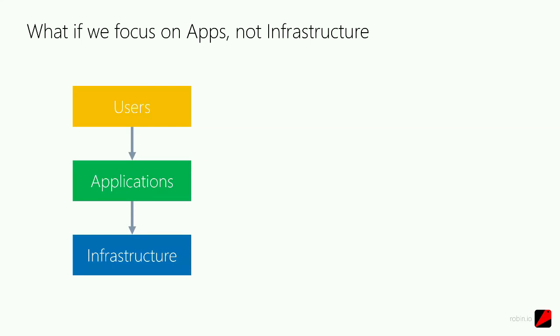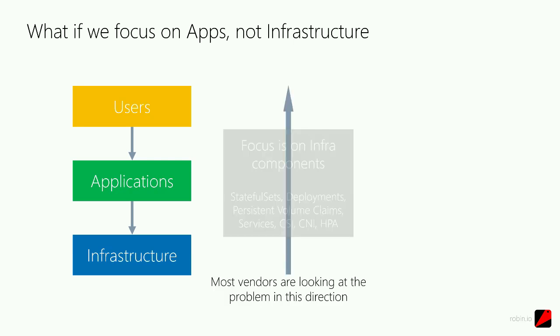When you look at the solution space that all the vendors talk about, it's along the lines of solving it from infrastructure upwards into users, which means, in order to deploy something, let's first worry about creating stateful sets and deployment plans and PVs, PVCs, and all that stuff. But what is the net goal?